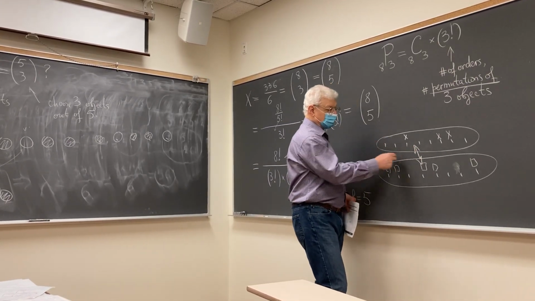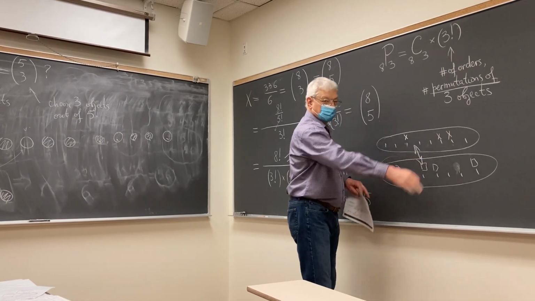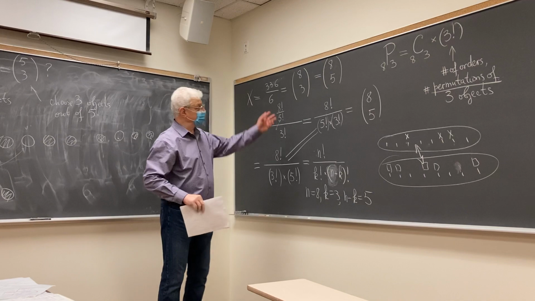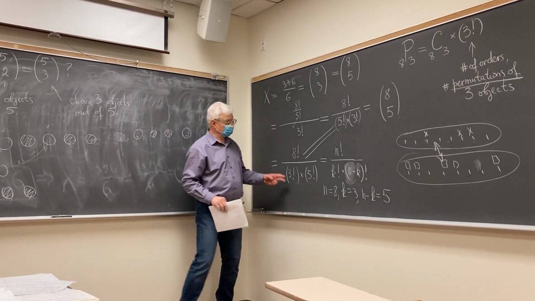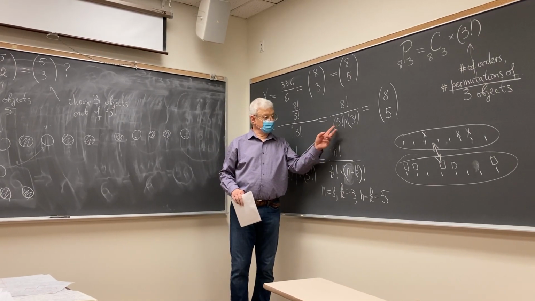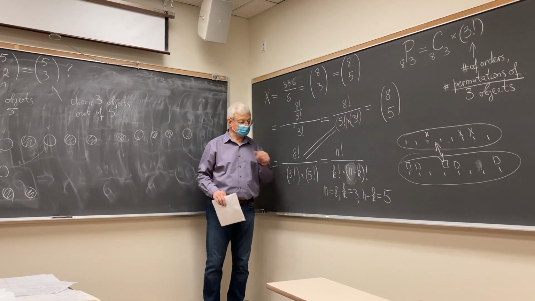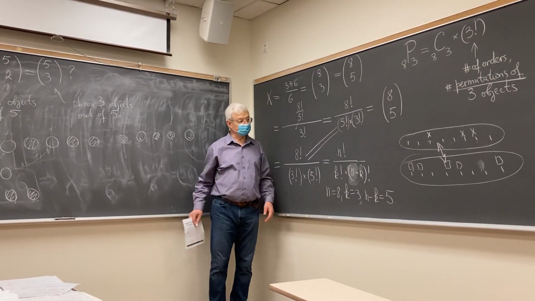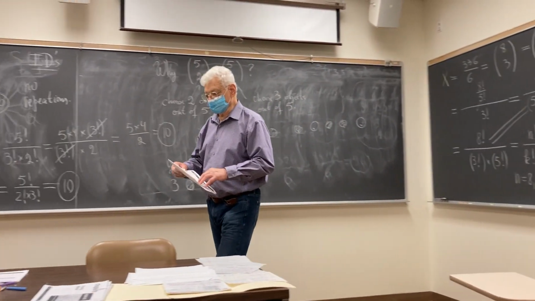Therefore, the number of ways to choose 3 positions is the same as the number of ways to choose all the others, 5. That's why these numbers are equal. And when you see the formula, the only difference is in the denominator. Here I multiply 5 factorial by 3 factorial. Here it is 3 factorial by 5 factorial. And the product is the same. That's why they're equal. Okay, that's what you have to understand.